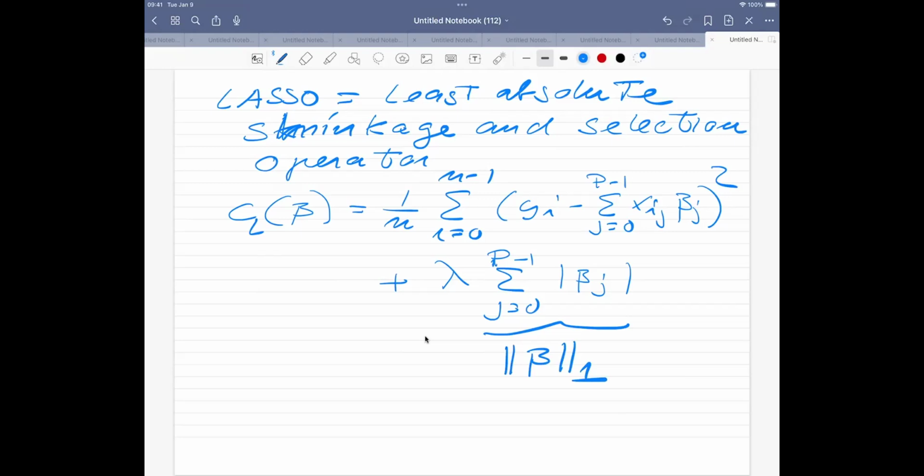Now, the problem here is that when you take the derivatives, you have the derivative of an absolute value, and that's going to give you a discontinuity for values of beta larger or less than 0. Now, if we look at the simple model, where this matrix X is just equal to the identity matrix, let's just plug that in.